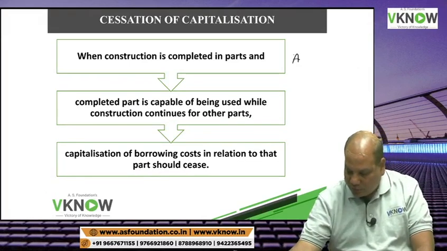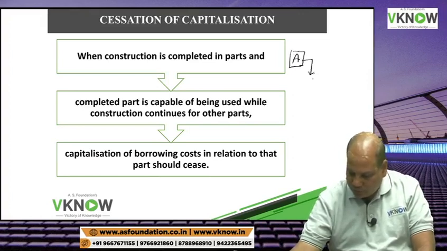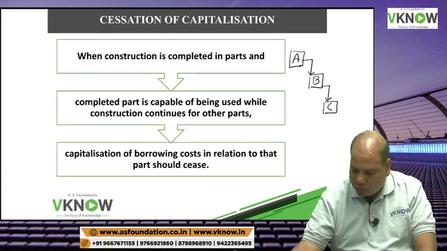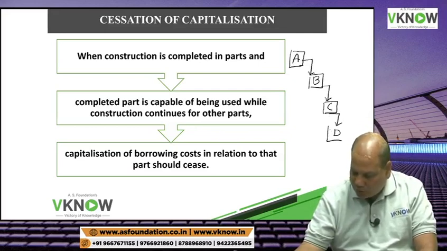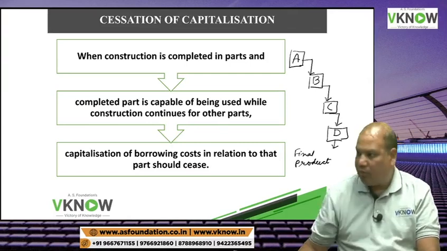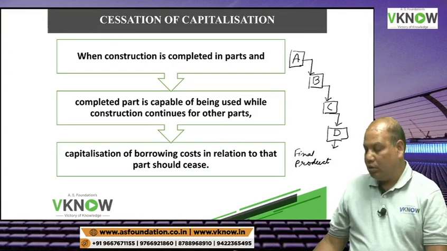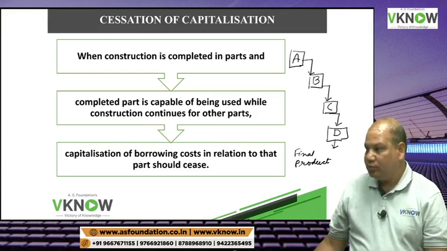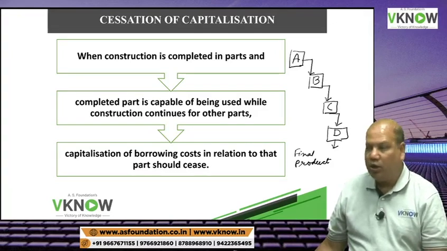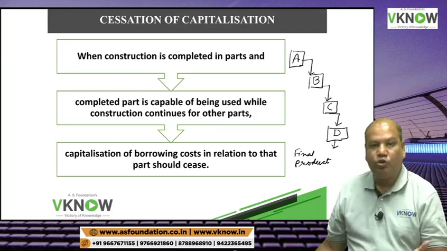Process industry means output of A becomes input for process B, output of B becomes input for C, output of C becomes input for D, and from D the final output will emerge, which will be sold in the market.